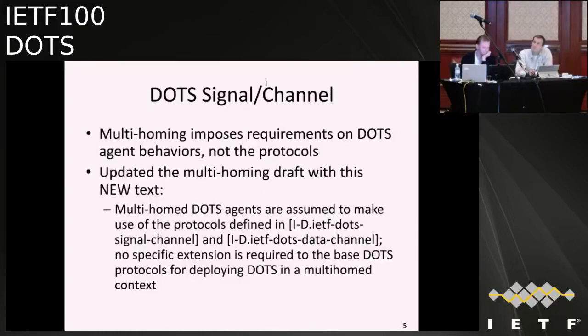But the problem is mainly on the behavior of the DOTS agents themselves and not the protocols we are using to establish the communication and to place the request by the DOTS client to a remote DOTS server. So this is new text that was added to the individual document to clearly call out this point, to say that there are no implications on the protocol specifications themselves. Next slide, please.